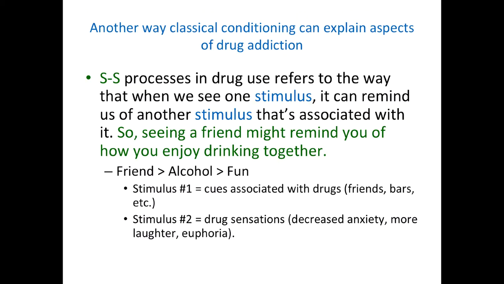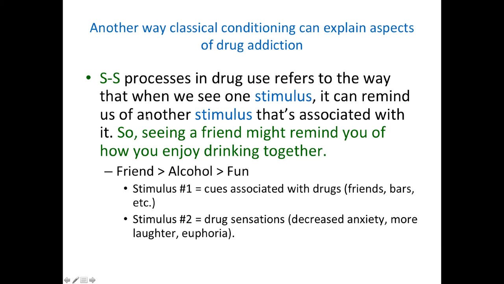The second type of association that can form in classical conditioning is called S-S, stimulus-stimulus. These types of associations are a little more mindful. These refer to the way that when we see one stimulus, it can remind us of another stimulus. Notice there's no knee-jerk reaction. There's no automatic response here.